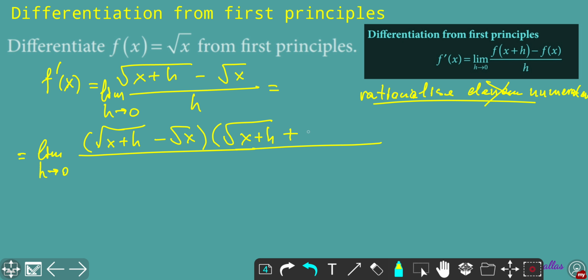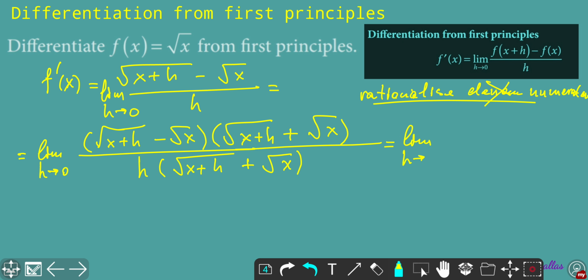That was minus, now it's plus. In the bottom part you'll have the same, so as not to change the fraction, plus square root of x. As you can see, you can freely cancel both factors, and your fraction hasn't been changed in this case.